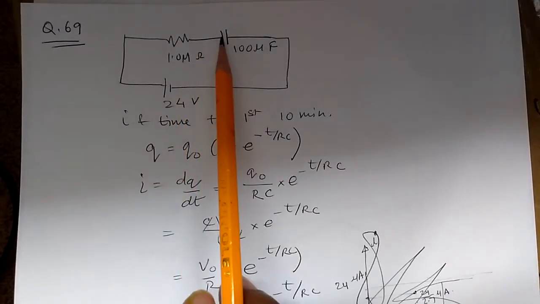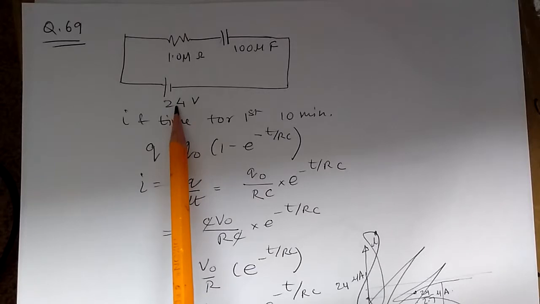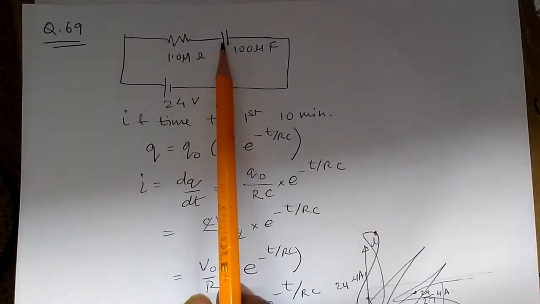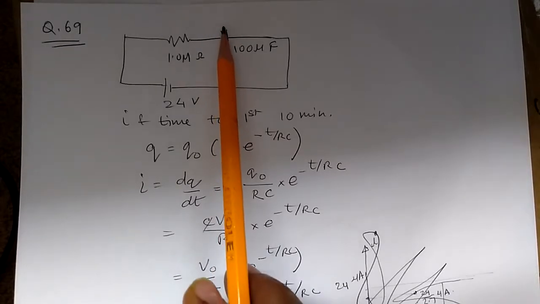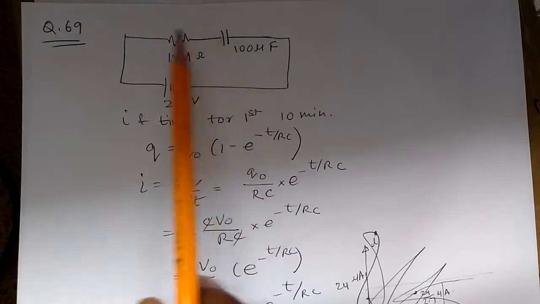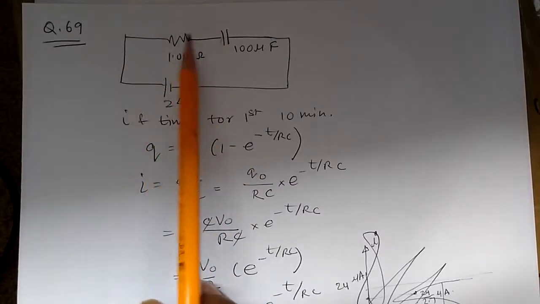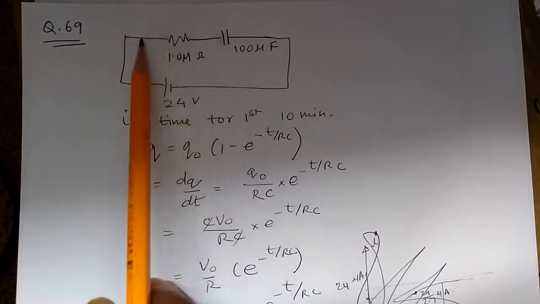When the voltage on this capacitor starts increasing, let us say at some point of time there is 4 volt across this capacitor, the voltage across this resistor decreases to 24 minus 4 or 20 volt.